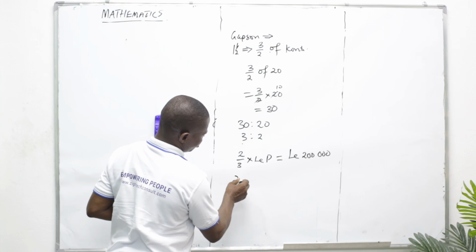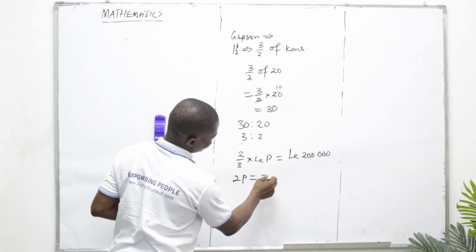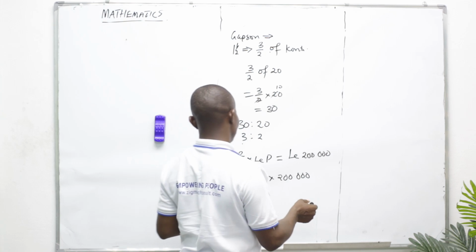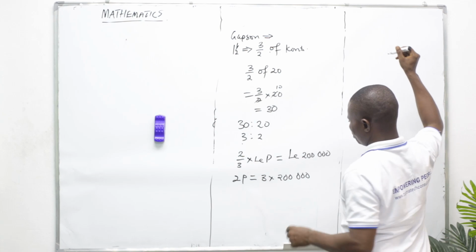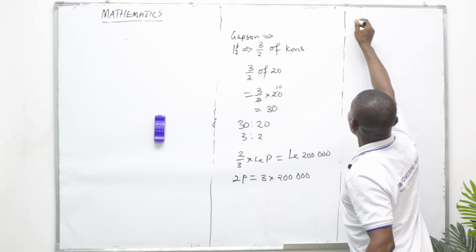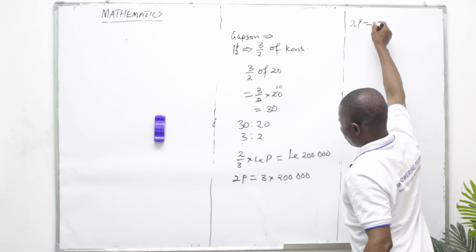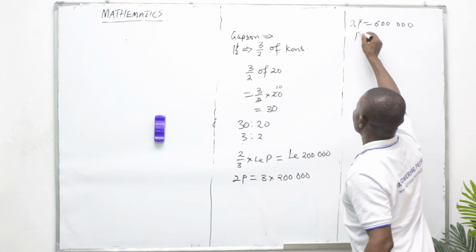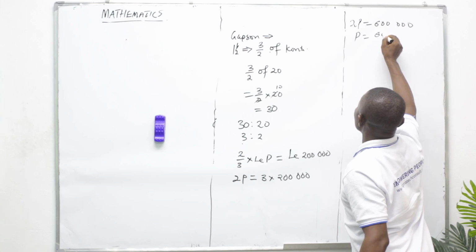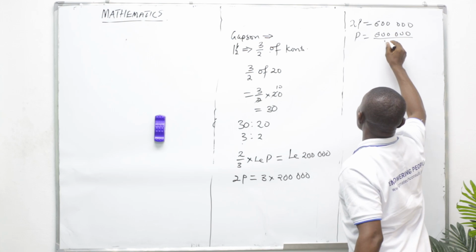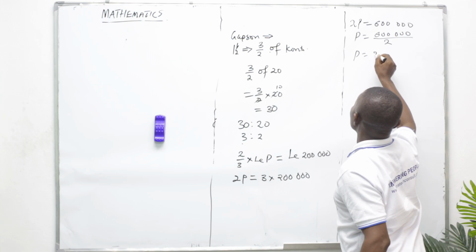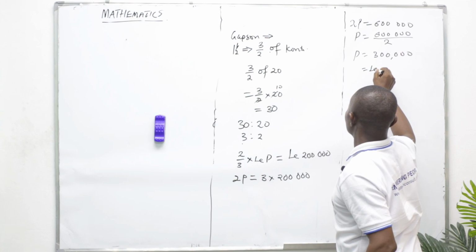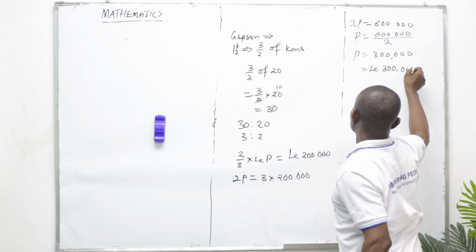So 2p unknown equals 3 times 200,000 pounds, then 2p equals 600,000. p now equals 600,000 all over 2 equals 300,000. Okay, so this is LE 300,000.